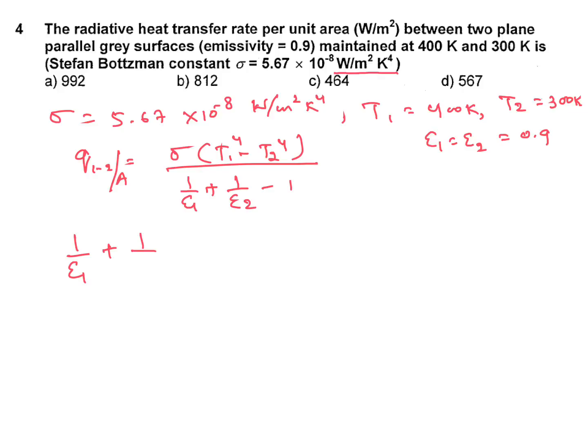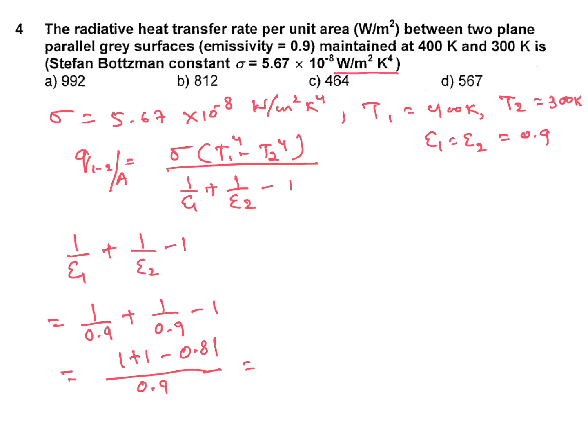Little bit calculative. 1 by 0.9 plus 1 by 0.9 minus 1: it is 2 minus 0.81 by 0.9 square, 0.81.